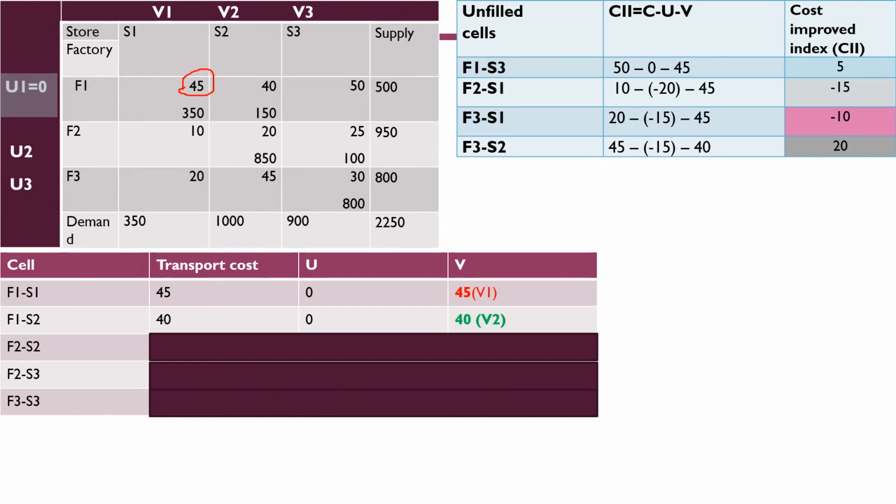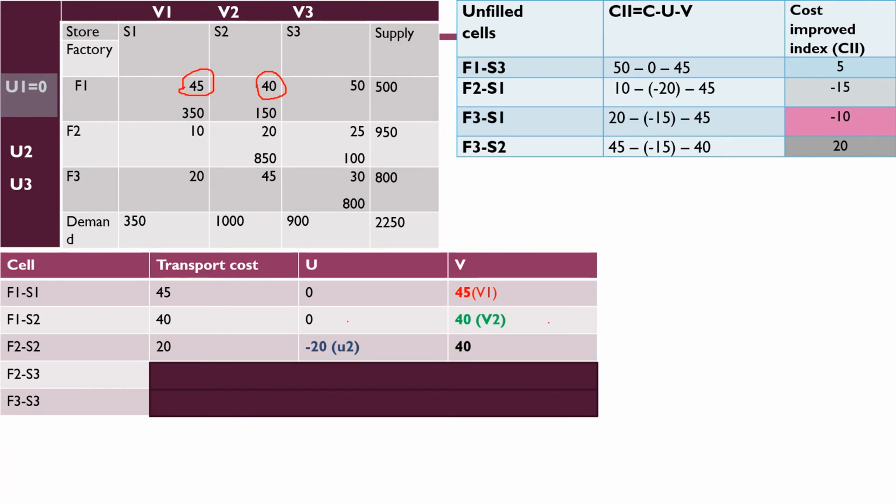When the transport cost of U is 0, what will be the value for V2? Here we can say the transport cost as 40, because 0 plus 40 should be the case. When the transport cost is 40 and the row value is 0, the column value should be 40. Otherwise, we cannot get the total transport cost.